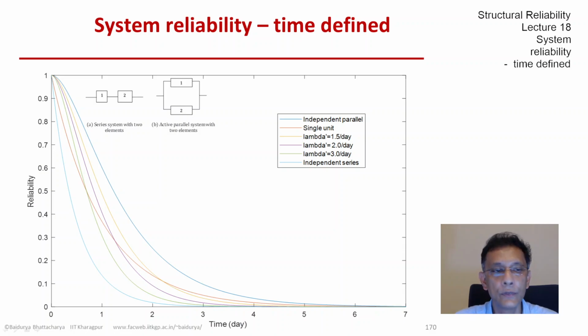And we'll look at 2 cases when the 2 elements are independent, and 1 where they are dependent, with various strengths of dependence.